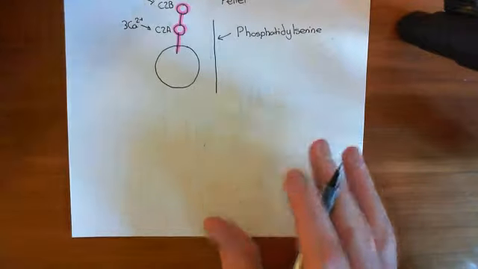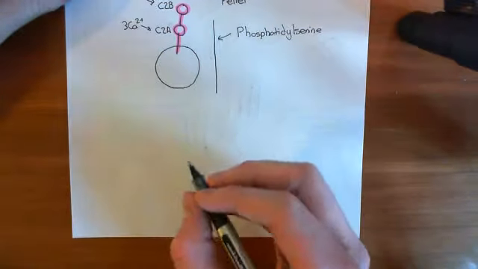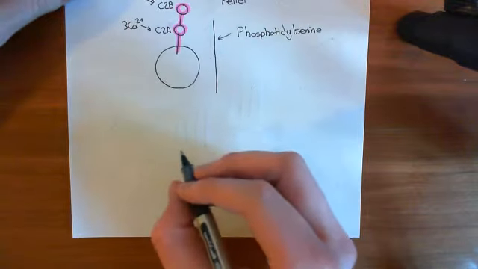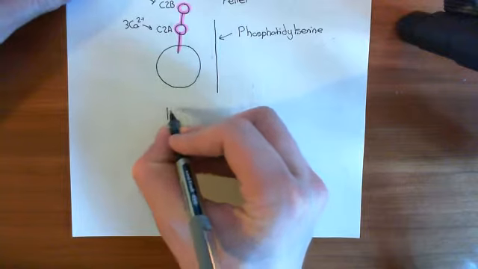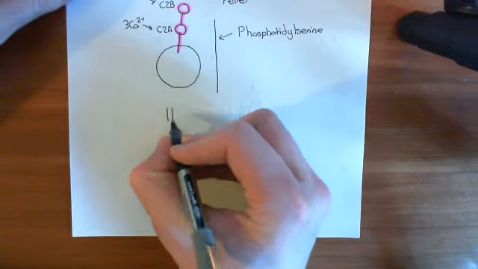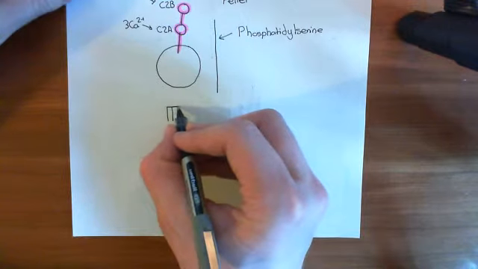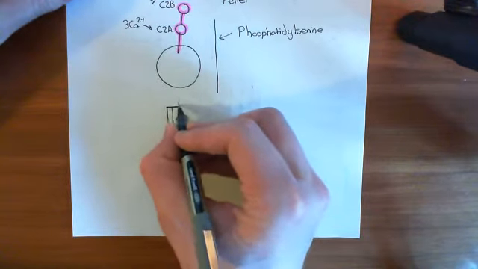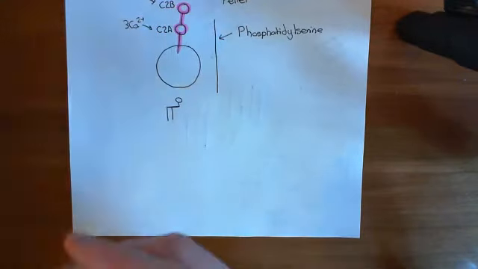Right, so the phospholipid bilayer is made up of phospholipids. So let me remind you what a phospholipid is. Phospholipids are often drawn in cartoons like this. They have 2 long chain carboxylic acid tails, and they have a glycerol backbone, and then a phosphate group bound to the 3rd hydroxyl group of the glycerol molecule.